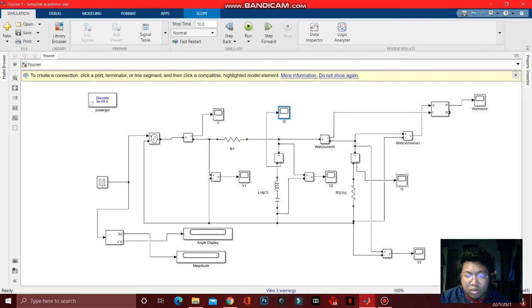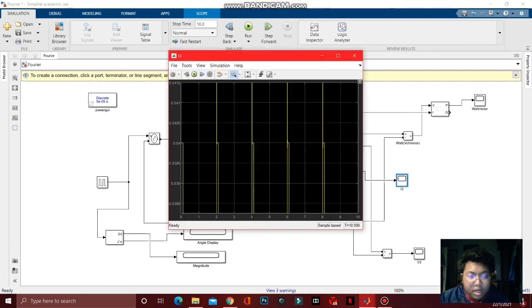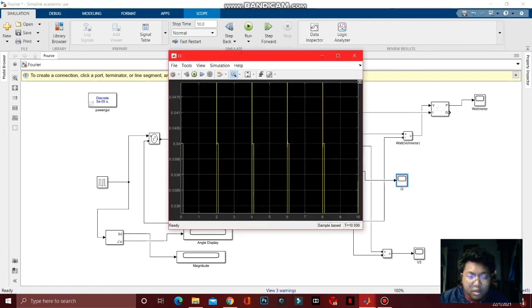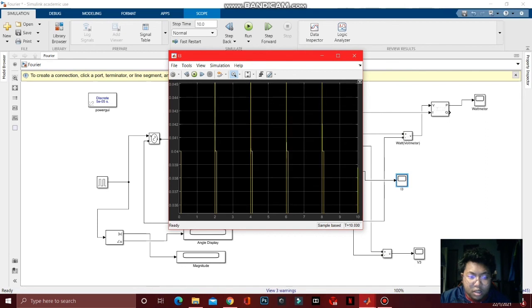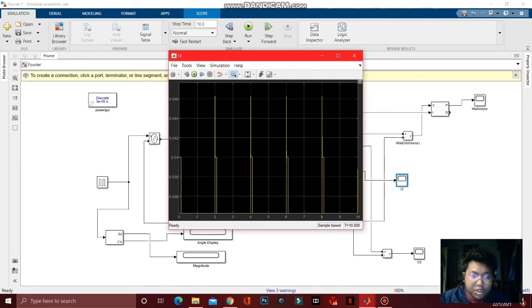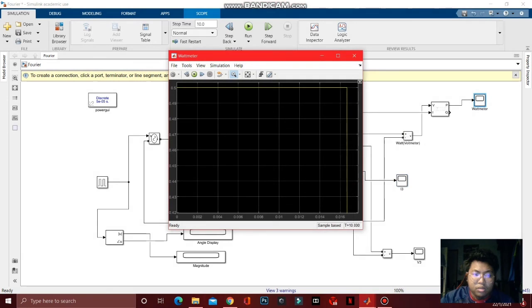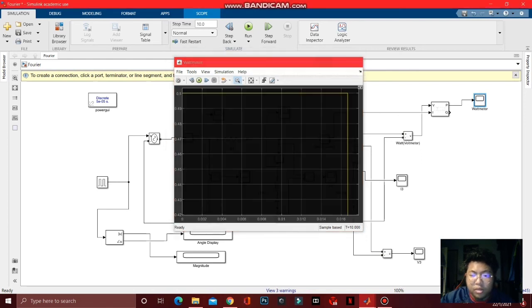Next we continue to the I3. At the I3 we get this graph, and the result is about the same as the manual calculation. And for the last we go to the wattmeter. In the wattmeter we get the watt of the circuit is 0.5 watt. So the result is the same as we get in the manual calculation.